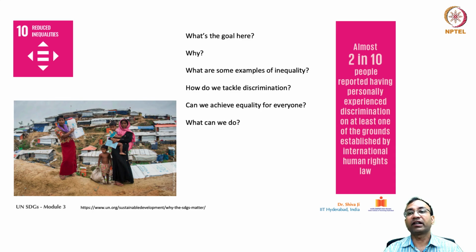Coming to the next one, reduced inequalities. Well, what do you understand are the goals over here and why? What are some examples of inequality? How do we tackle discrimination? Discrimination can be there in multiple forms based on language, skin color, ethnicity, culture, religion, tone, or maybe even origin.